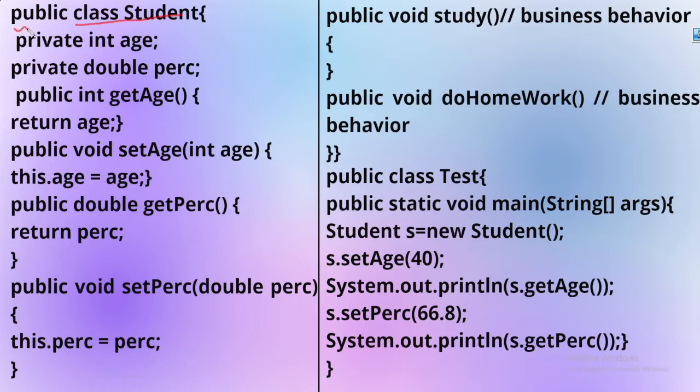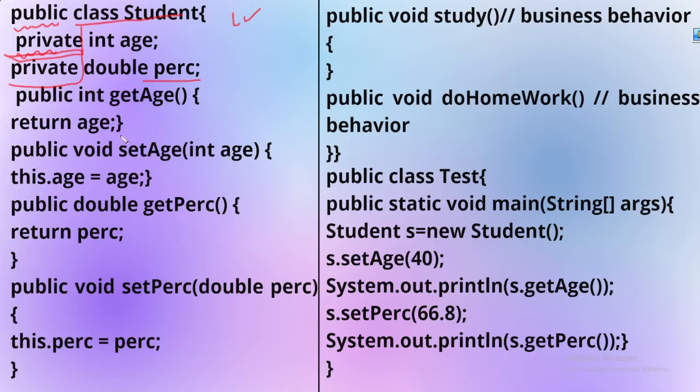So this is a public class and it is not abstract, so the first rule is satisfied. The second rule is that the data types must be private. Always the data members that you add in your encapsulation should have private access modifiers. Now you can see age is private and the percentage is also private.